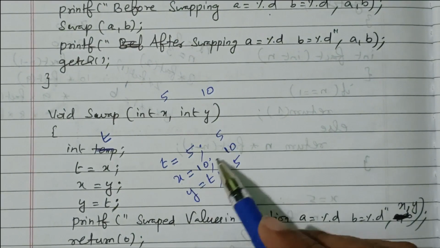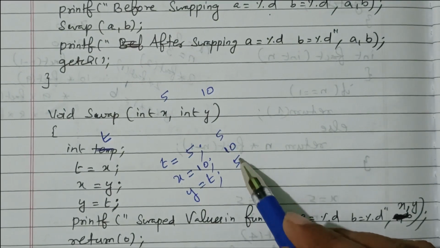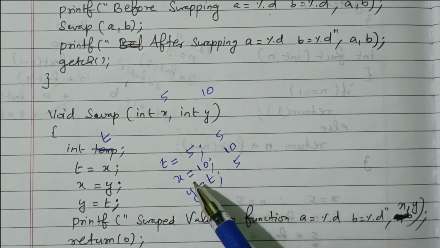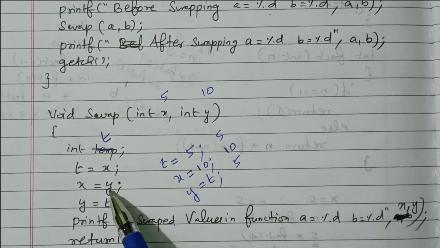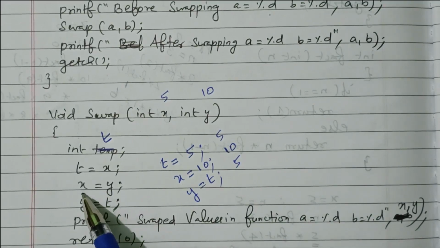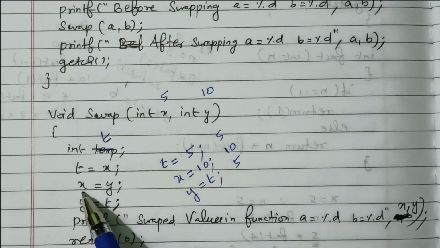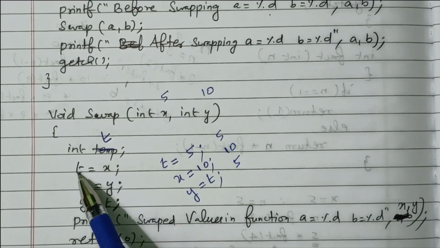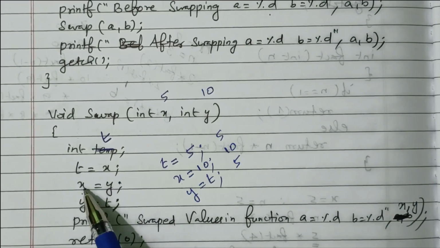Now see, this x value is 10, y value is 5. It is interchanged, right? So x equals y means the y value will be stored in x, but we need to store the x value into y, so before executing this expression, the x value is stored temporarily in one variable t.